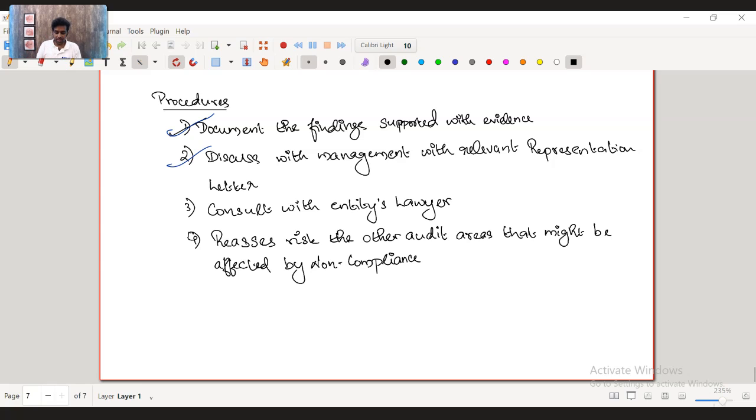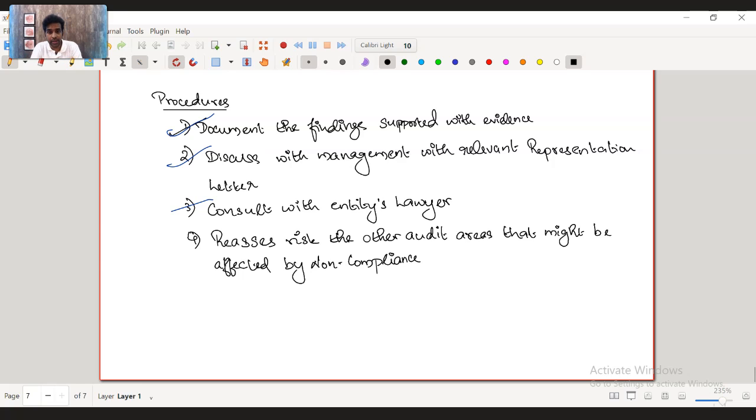Discuss with the management, and also take the written representation from the management in relation to the NOCLAR, that this is a NOCLAR event and they are aware of this NOCLAR, etc., so that you protect yourself. Consult with the entity's lawyer, like understand from the entity's lawyer, is there any potential breach of laws and regulations, whether there could be further potential breach or litigations that could affect the company, in what way they could affect, what will be the financial implications, etc.